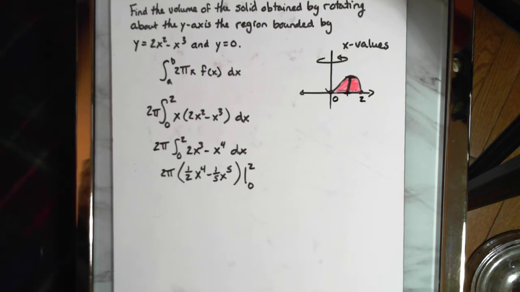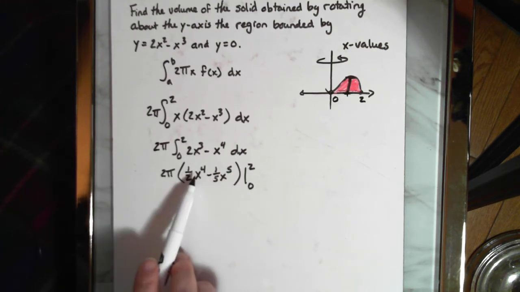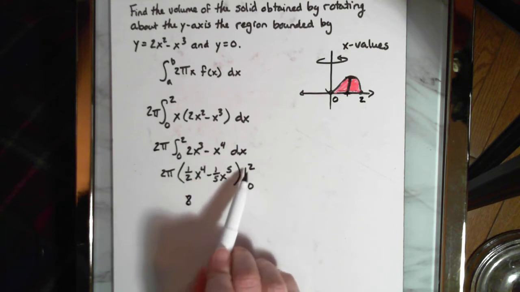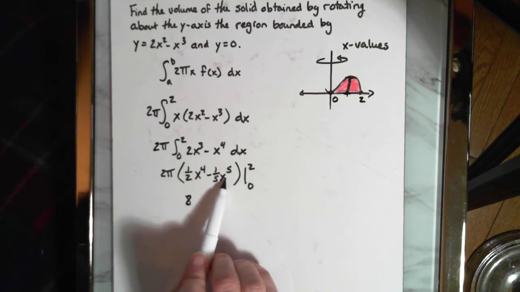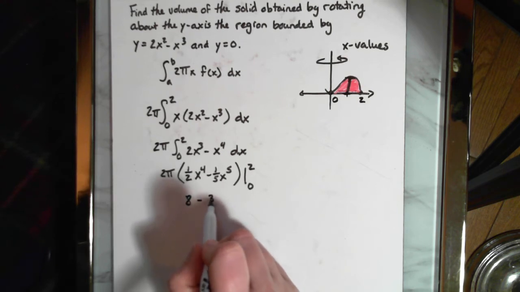I highly recommend using your calculator to find some values for this, or you can just do it by hand. 2 to the 4th power is 16, and 16 divided by 2 is 8, so this is going to be an 8 right there. 2 to the 5th power is 32, so this is minus 32 fifths.